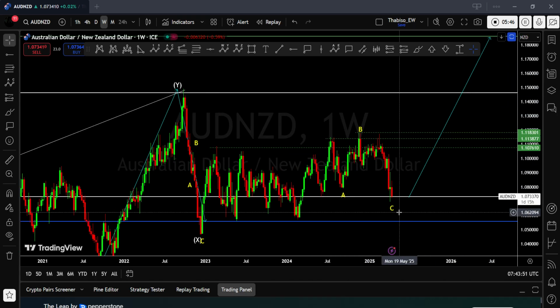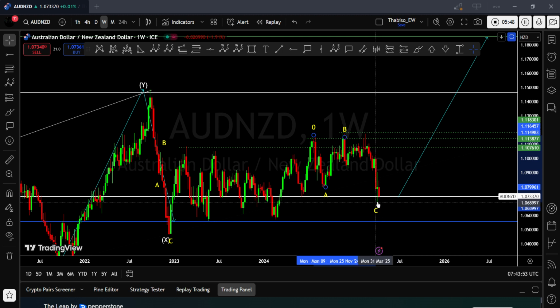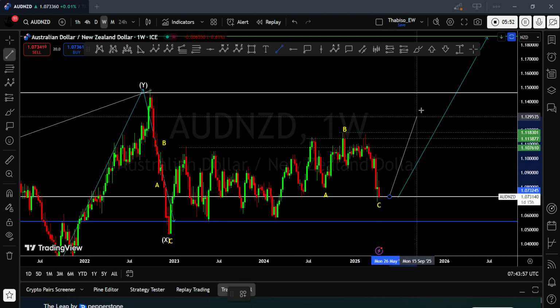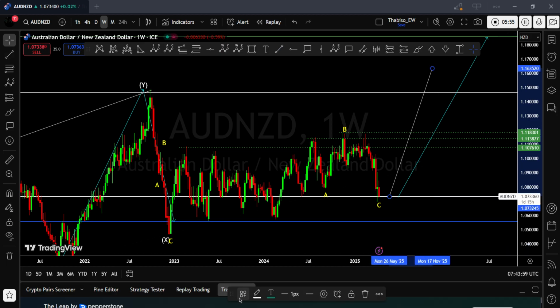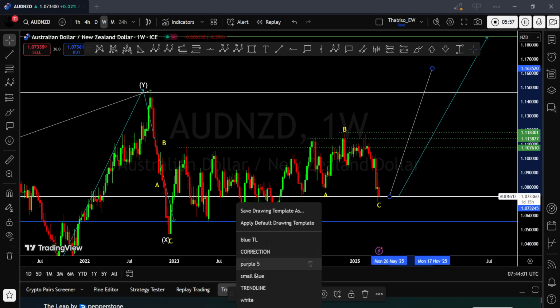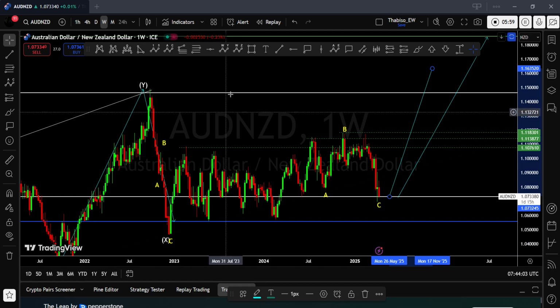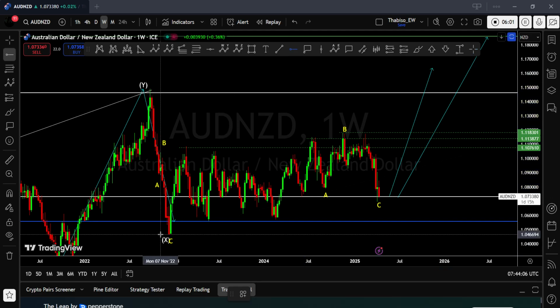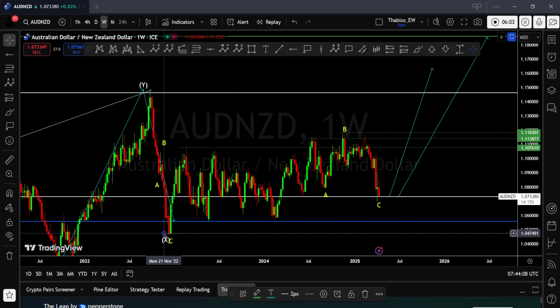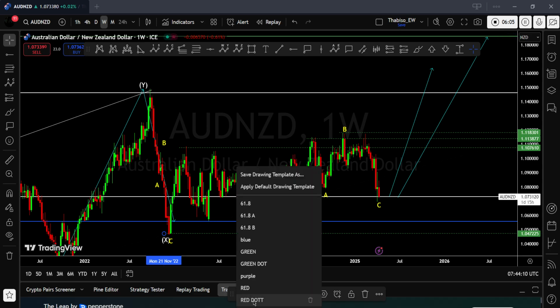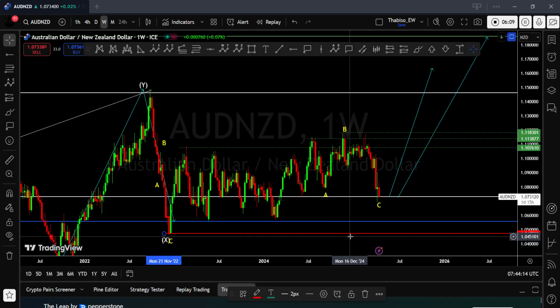And once that is done, we expect to see more upside. Okay, but this one is going to be easy because basically this is going to be our invalidation level. We don't expect price to go beyond this, otherwise the whole setup gets invalidated.